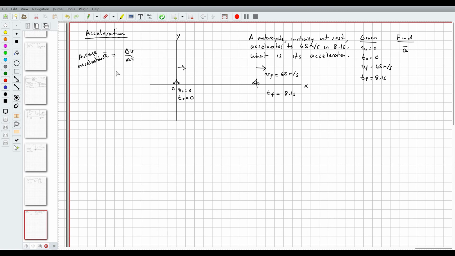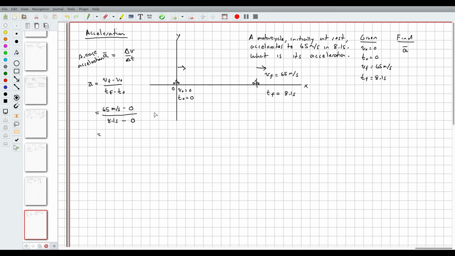Now, as you probably saw over here, the average acceleration is just your final velocity minus your initial velocity over your final time minus your initial time. So here, when you write this out, 65 meters per second minus 0 divided by 8.1 seconds minus 0.